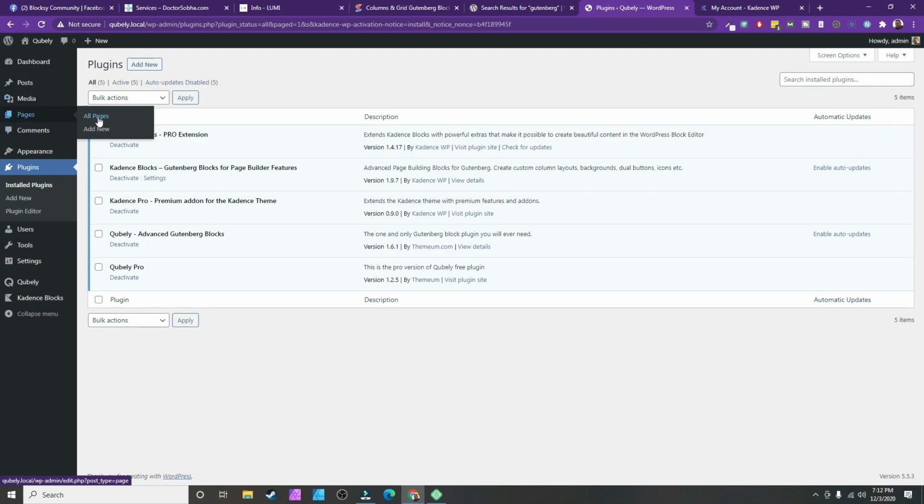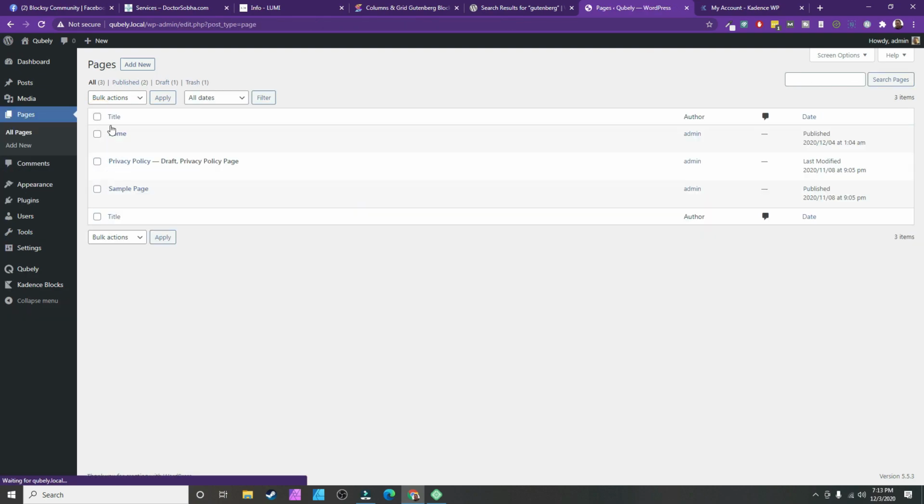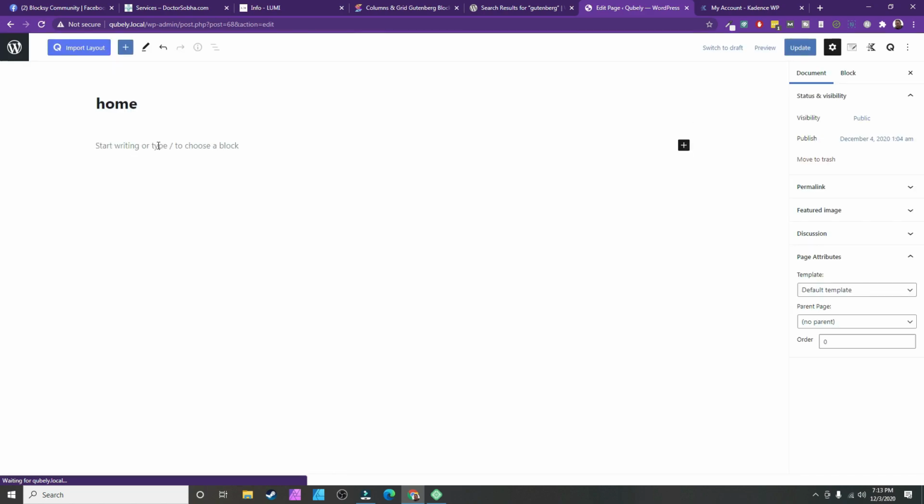I wanted to look at some of the Cadence blocks on their Pro theme, so that's what I'm going to do. It says Quibbly, but just ignore that. I have Quibbly on here because I was testing it. I'm really disappointed with most of Quibbly just because of how slow and inefficient it was.